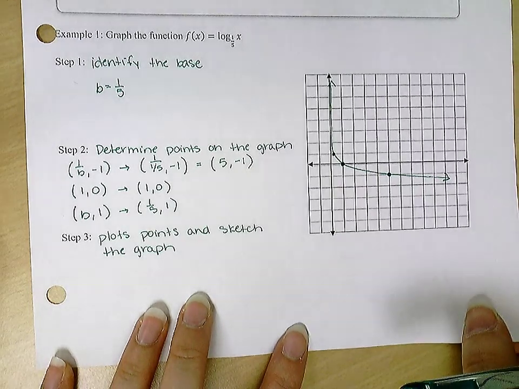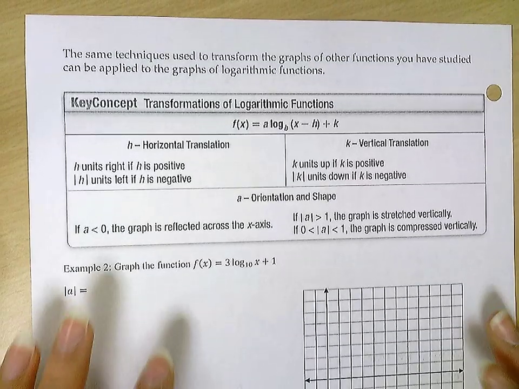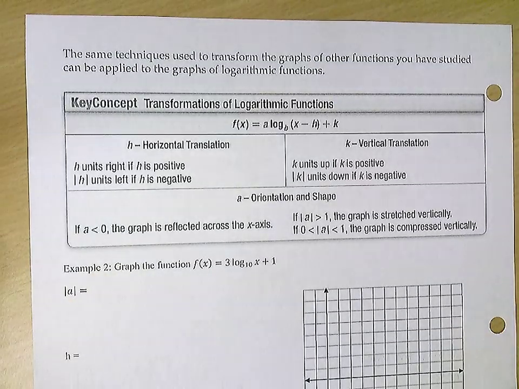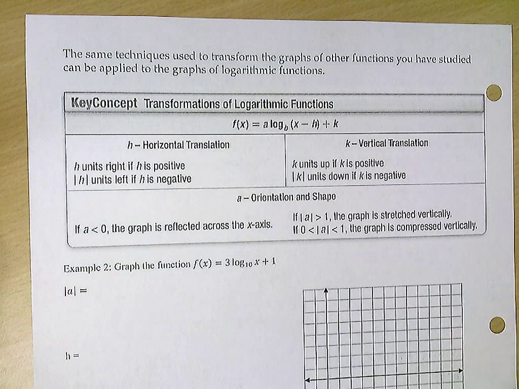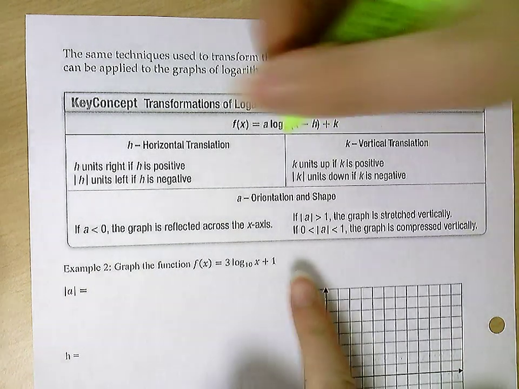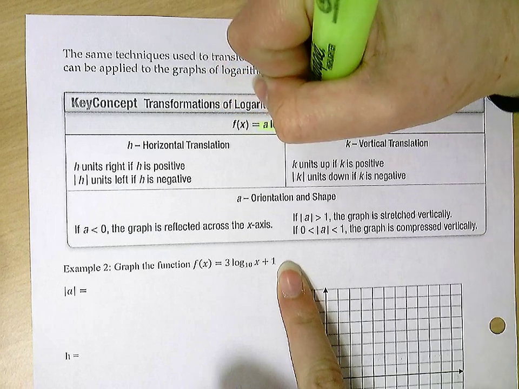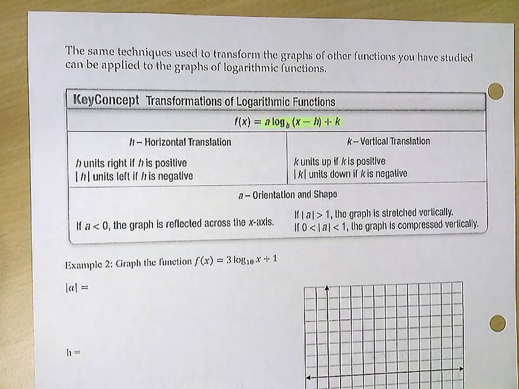Are we good? Okay, so on the back then, the same techniques used to transform the graphs of other functions you have studied can be applied to the graphs of logarithmic functions. Again, you have this parent function, and we have an a value, an h value, and a k value.